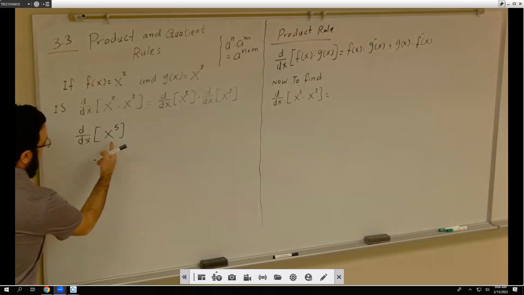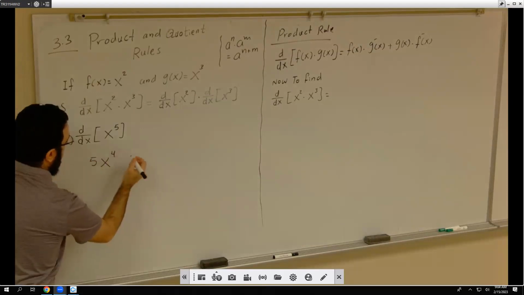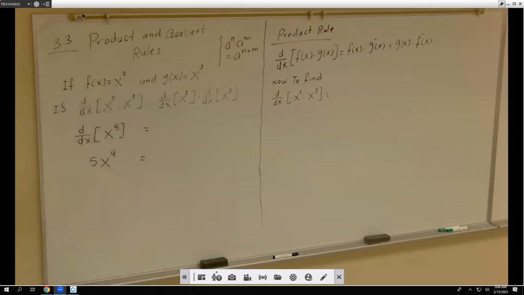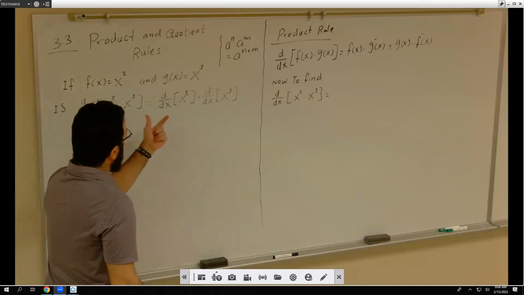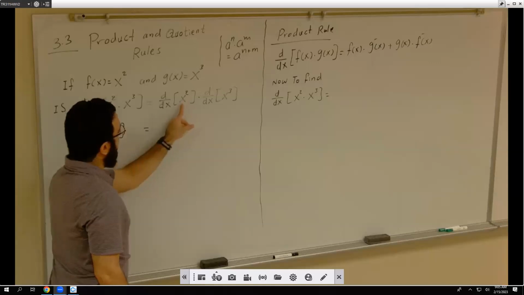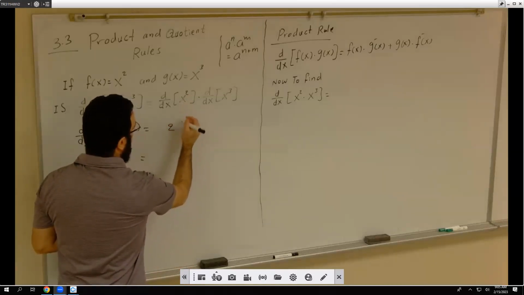Then the derivative for x to the power 5, I'm just going to write down 5, and here is the x. 5 minus 1 is going to be 4. So this is for this side. Now let's check the other side. If I find the derivative for the first function, the derivative for x squared is going to be 2, and here is the x. 2 minus 1 is going to be 1.